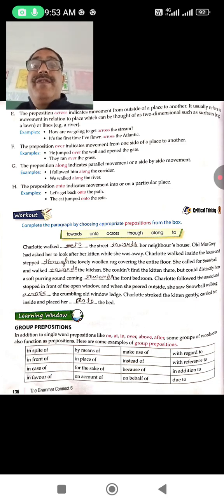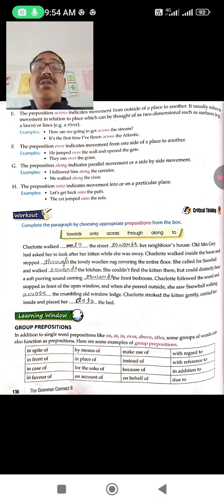It is the first time I have flown across the Atlantic. The next preposition, over, indicates movement from one side of a place to another. He jumped over the wall and opened the gate. They ran over the grass. Over is used here as a preposition.